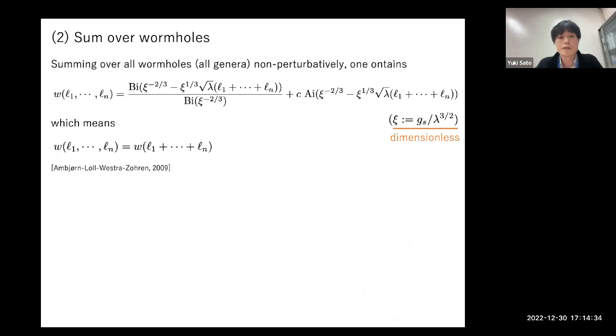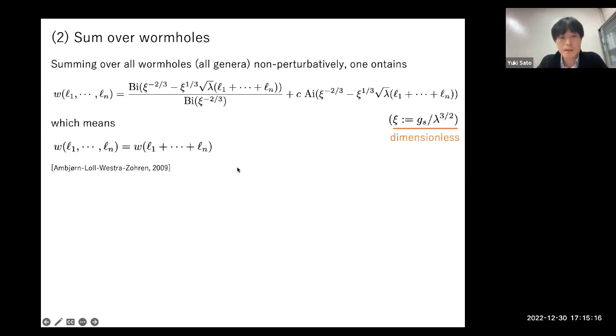Thanks to this simplification, we can compute the multi-loop correlation function non-perturbatively. This includes all possible wormhole contributions. So this can essentially be expressed by Airy functions. And this C is the string coupling constant measured by the cosmological constant, so this is dimensionless. And from this expression, you can learn an interesting thing. This multi-loop correlation function can be expressed solely by the single loop function.